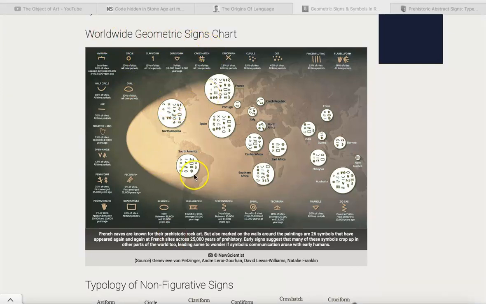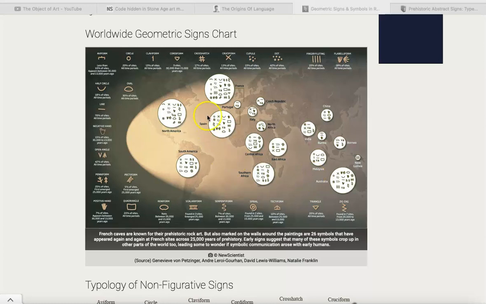They've got North America, South America, France, Spain, Portugal, hello, Czech Republic, Italy, North Africa, Central Africa, East Africa, Southern Africa, China, India, Burma, what is this? Borneo, Malaysia, New Guinea, Australia. Really?